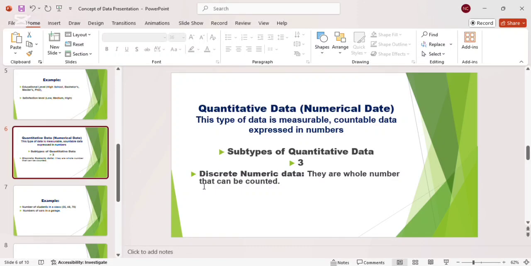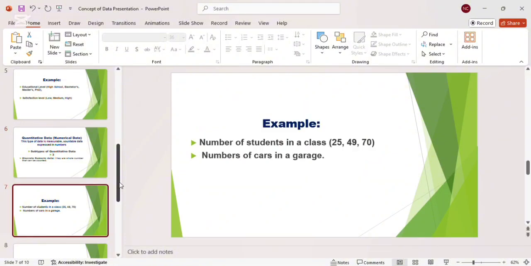They are whole numbers without fractions. For example, we have the number of students in a class. Counting the number of students in a class can generate numbers like 25, 49, 70, 100. We can also count the number of cars parked in a garage.